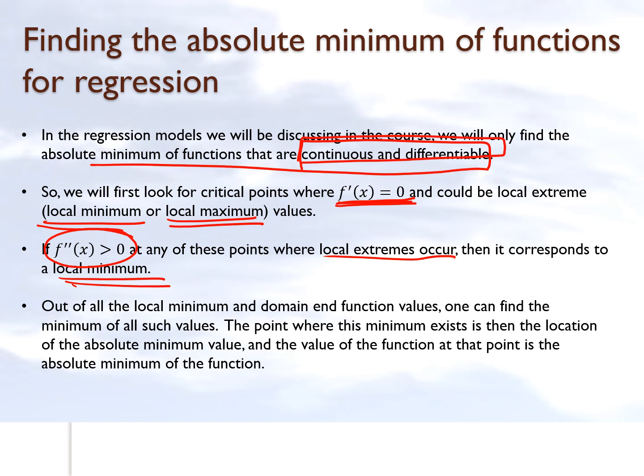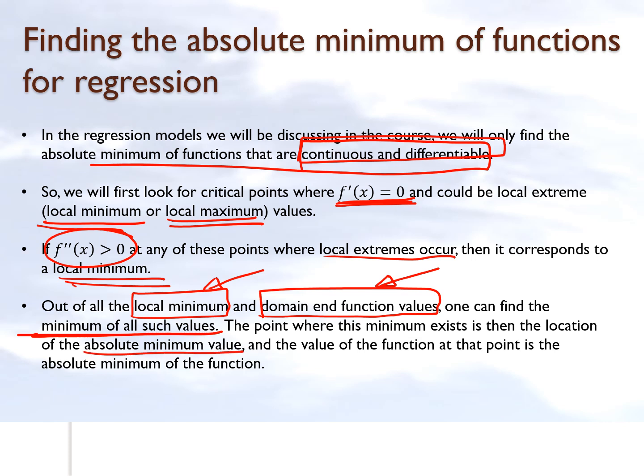If we have several local minimums, we have to look at those and also at the domain and function values. We also have to look at the endpoints of the function. Out of all of those, whichever is the minimum is the absolute minimum, and the value of the function at that point is then called the absolute minimum of the function itself.